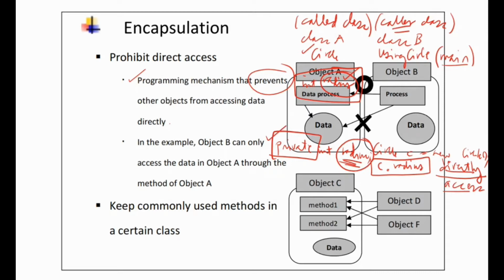Now recall that private is an access modifier in which any field or method or object defined using the access modifier private will only be accessible inside the class where it is declared.